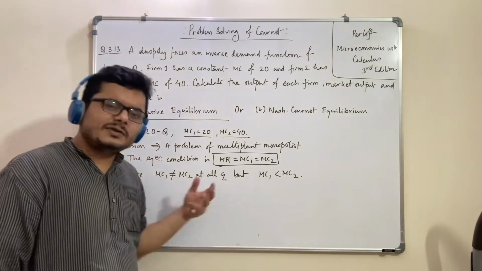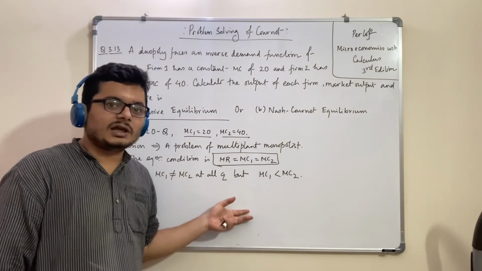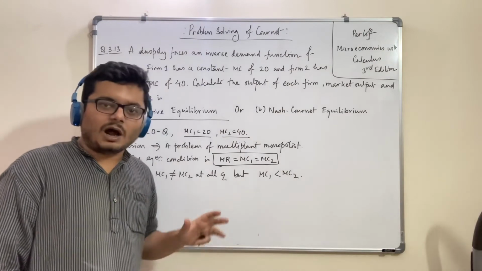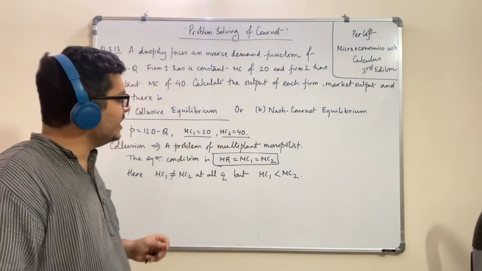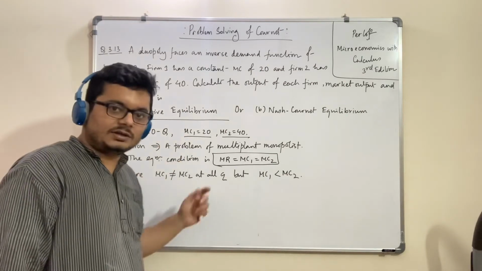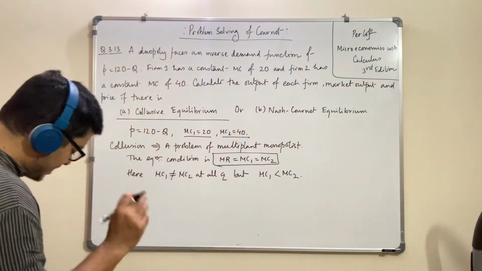Why? Because for every level of output, firm 2 will give us only more cost, that is, only lesser profit. So whatever output is going to be produced, it will be produced in firm 1, that is plant 1 now. Okay. Now here is a catch.